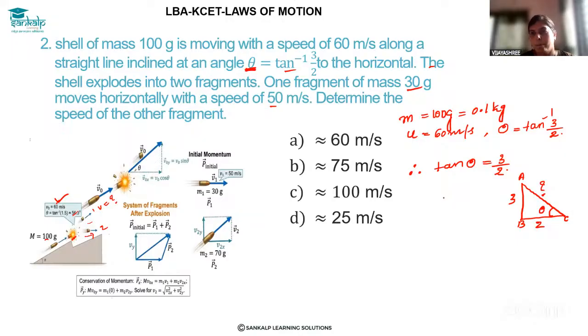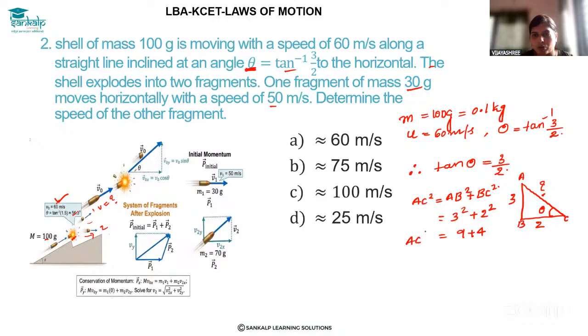How do we find the hypotenuse? Apply the Pythagoras theorem. AC square is equal to AB square plus BC square. So AB square is 3 square plus BC square is 2 square, which is equal to 9 plus 4.